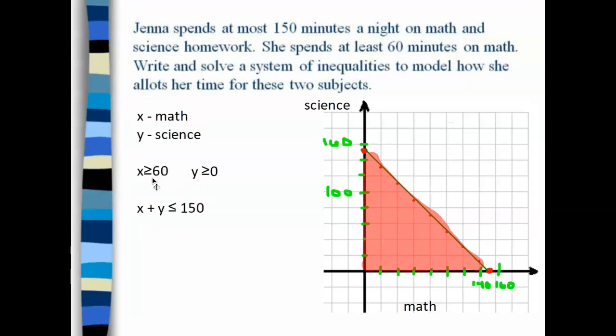So we still need to graph the math x greater than or equal to 60. So 20, 40, 60, that's here. And what that means is that her math time can't be less than the blue line there. So her amount of time studying actually comes from this purpley blue triangle.